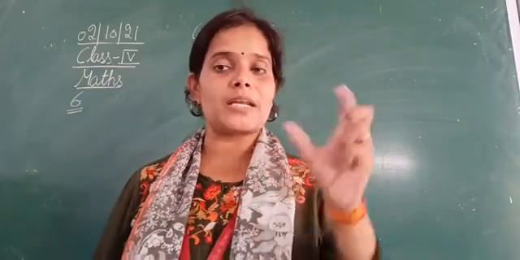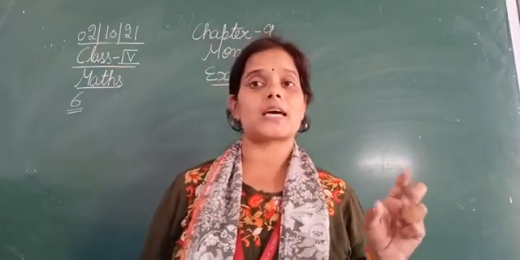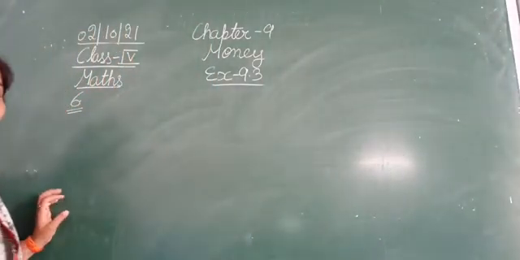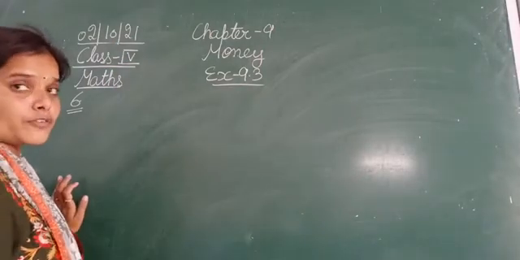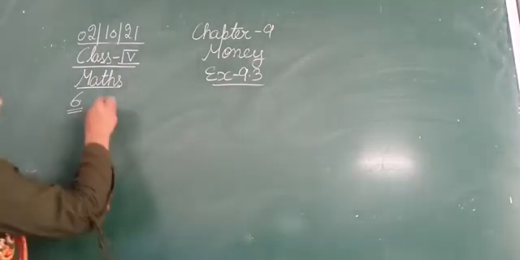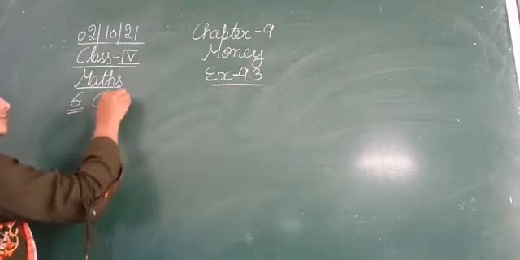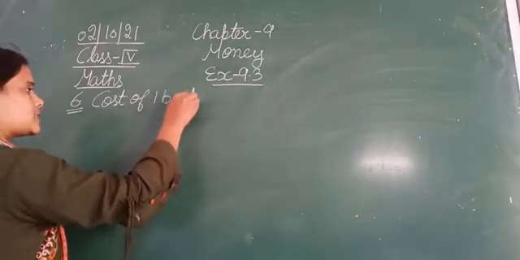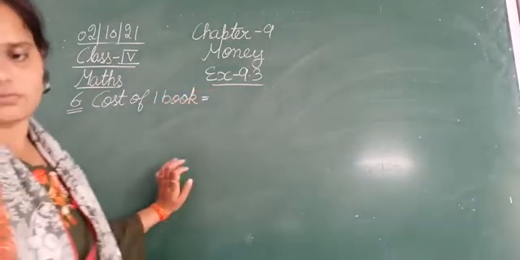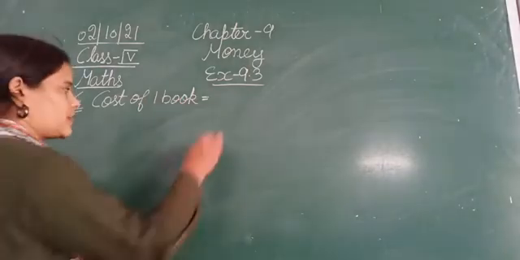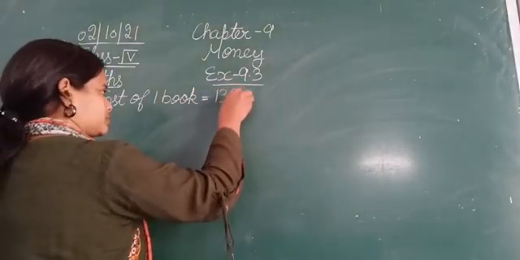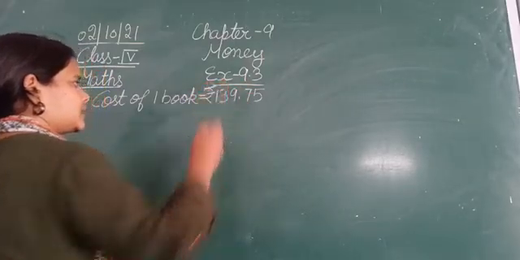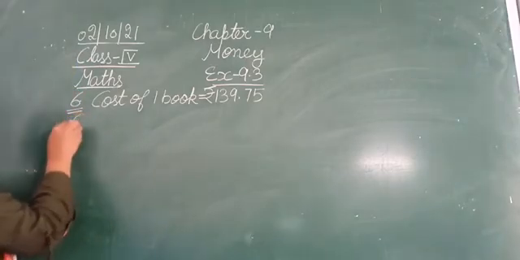This is similar to the questions that we did in the last exercise 9.2. So let's begin with the sum. First of all, we need to find out the cost of books and pens. Write: cost of 1 book, that is 139 rupees 75 paisa.